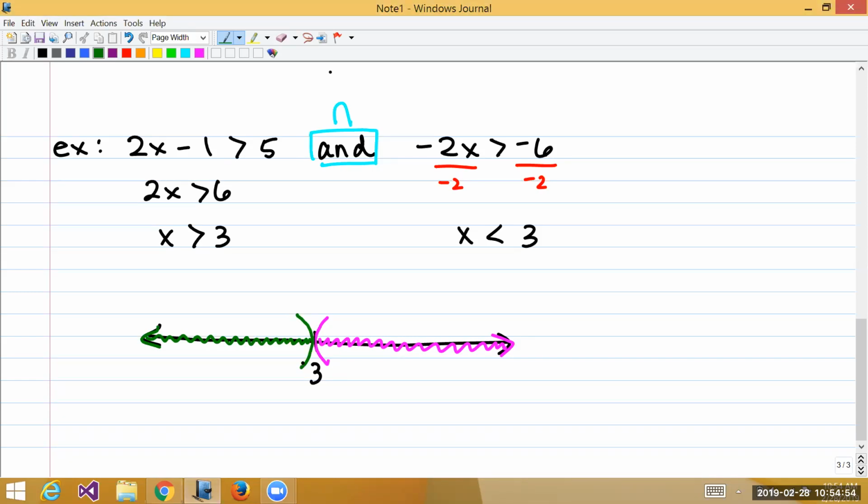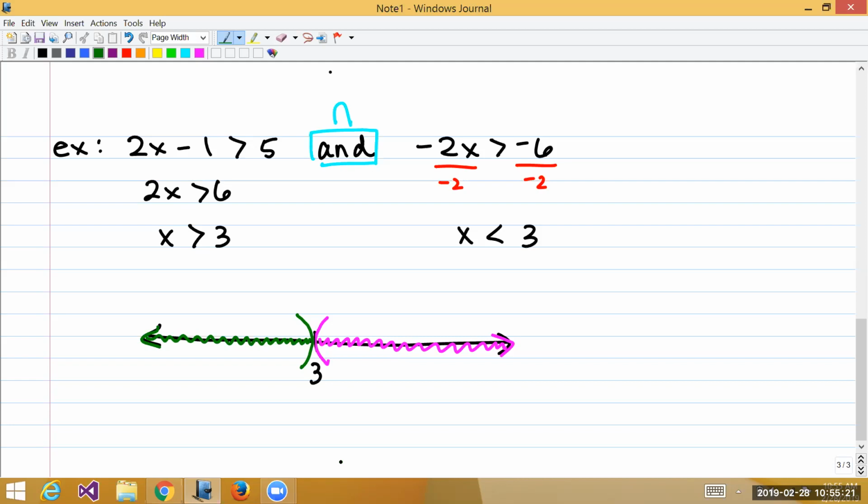Now remember, the intersection asked us to find everything that they have in common. So the question here is, what do they have in common? Well, we can clearly see that there's no overlap in green or purple in either one of these. So the question now is, what's going on at 3? Is the 3 common? Well, the 3 is not used here, and it's not used here, so it obviously can't be used here.